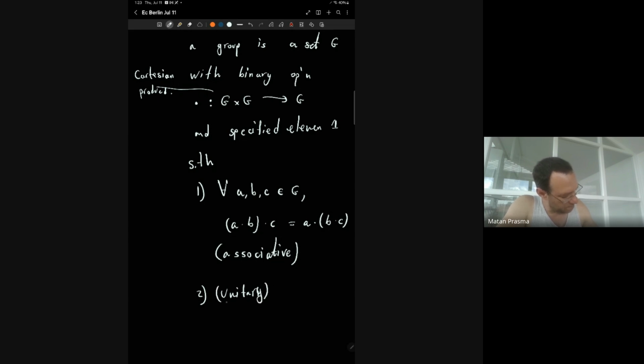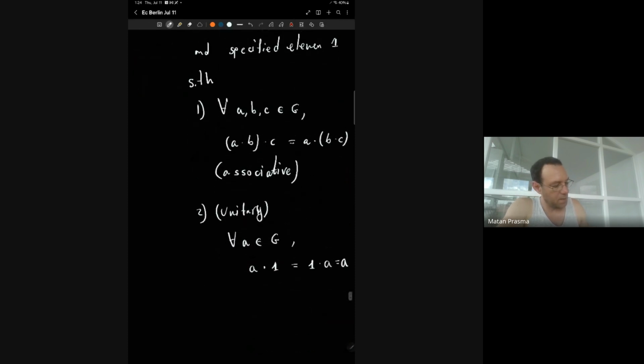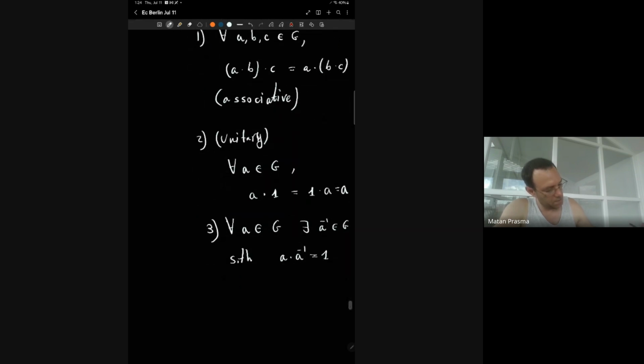Let's say the operation is unitary if for any A in G, A times 1 is equal to 1 times A and is equal to A. And the third axiom is that for any A in G, there exists some element which we call A minus 1, such that A times A minus 1 is equal to 1. This is usually called a multiplicative inverse.